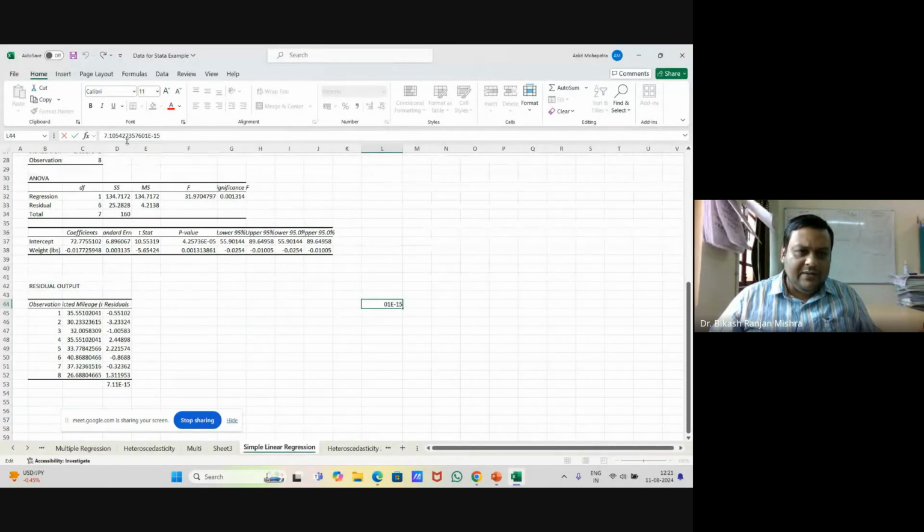That means for this particular number, you have to go 15 decimal places to the left of it. That means before 7, go 15 decimal places. It will be 0.00000000, up to some number, then 7105 something comes. So the value is not exactly 0, but very close to 0.